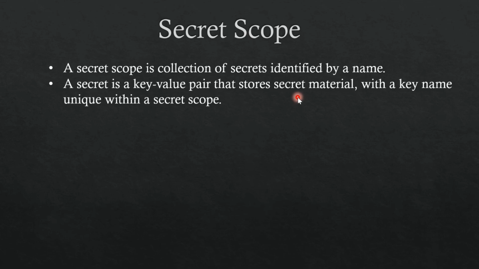Now, that secret should be unique within a secret scope. So you can think of it as a bunch of secrets that you are storing in a particular secret scope, and each secret has one particular name which is unique. Let's say I am sharing one secret, which is secret 1, with a person.